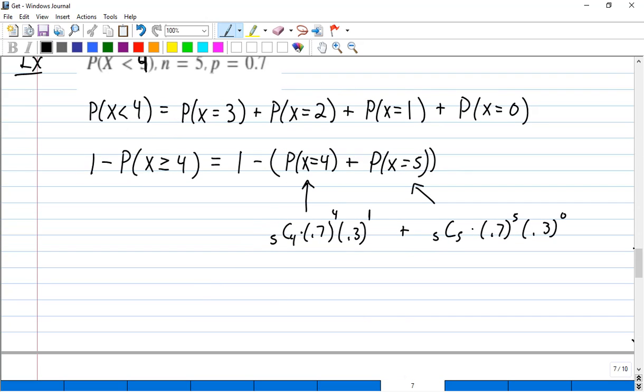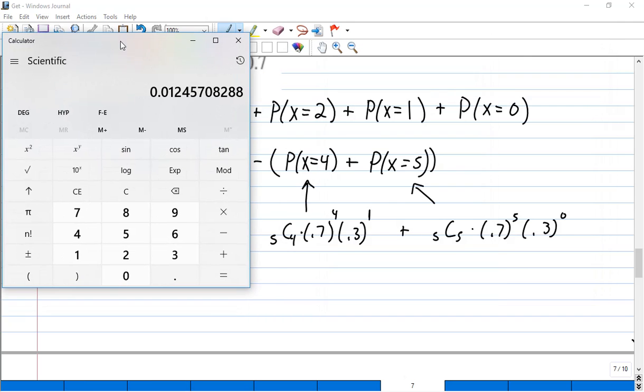Alright, so I can do this one a little quicker. I'll just punch it all in my calculator. I don't have an easy way to do my combination, but if I understand what I'm doing, I can pretty much do this in my head, right? So this is going to be what? 5C4 is 5 factorial divided by 1 factorial times 4 factorial, or just 5.